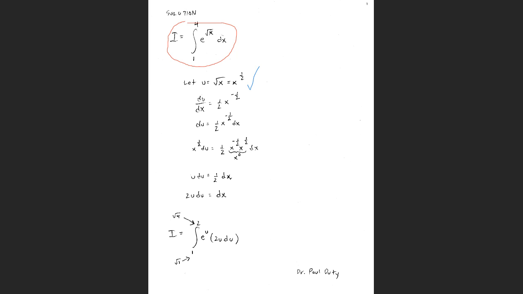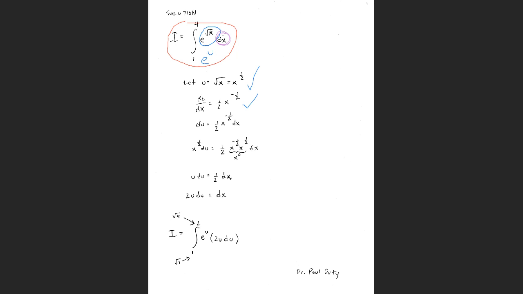So we're going to let u equal x to the half power. du/dx would equal 1/2 times x to the negative half power then. Now, let's think for a moment. I'm replacing e to the square root of x with e to the u. And what I have left is the dx.